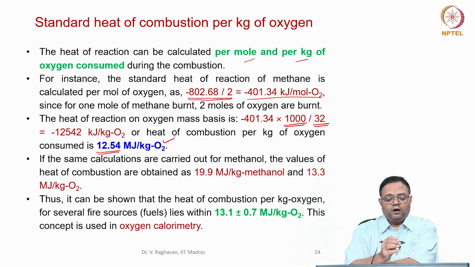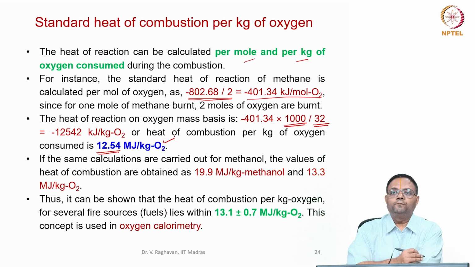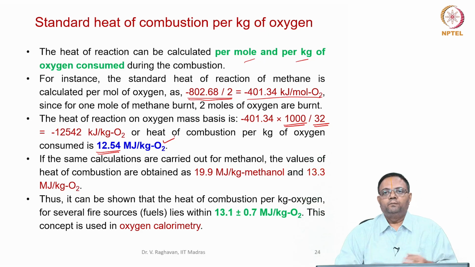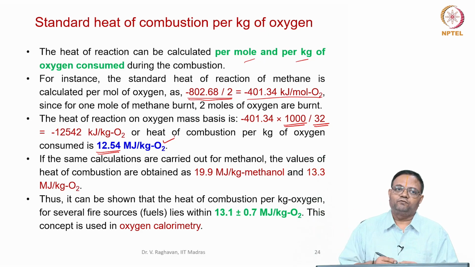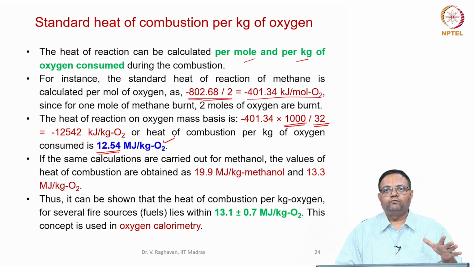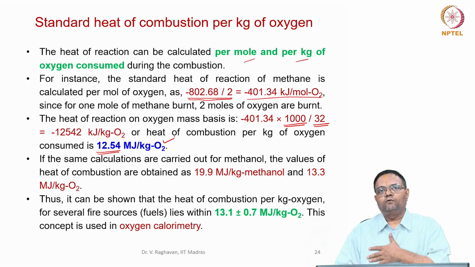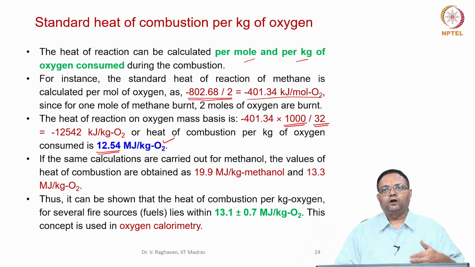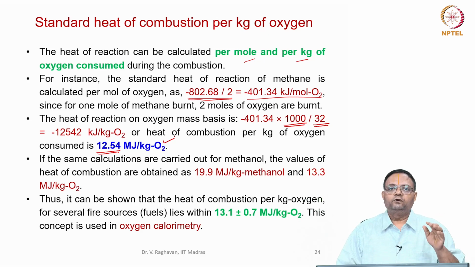So, what is evident from this is I can write the heat of reaction per mole of fuel, per kg of fuel, per mole of oxygen, per kg of oxygen, or products are also formed in the same manner, correct? So, for example, if 1 kilomole of methane is burnt, 1 kilomole of CO2 is formed. So, I can also write the heat per kilomole of CO2 produced. Okay.